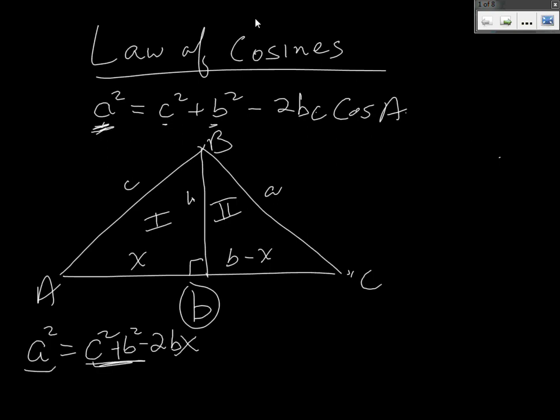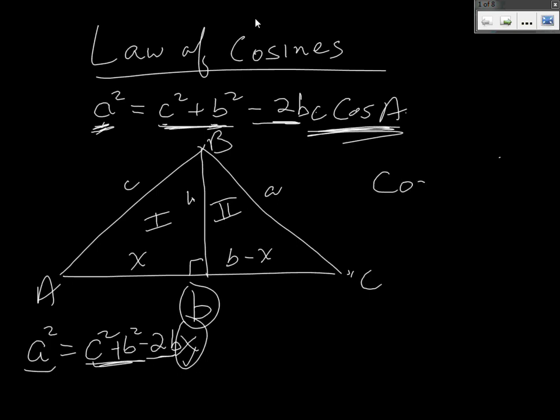I have on the right the c squared plus b squared. I have the minus 2b, but then I have x. Well, take a wild guess. x must be c times cosine A.